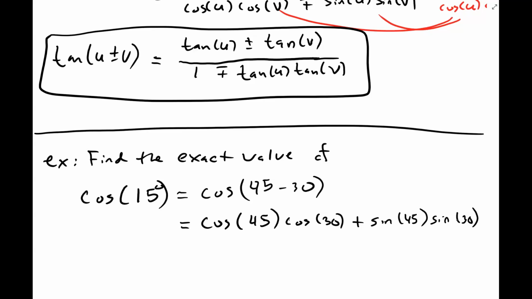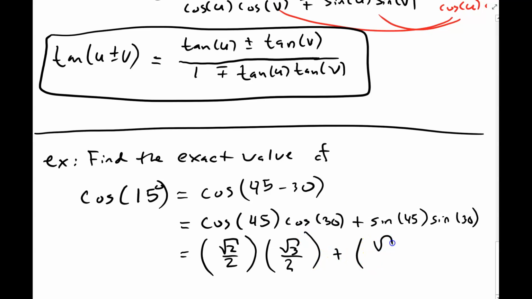Now these are all in terms of unit circle angles, so I can just evaluate each one with my unit circle. The cosine of 45 degrees is square root 2 over 2. The cosine of 30 degrees is square root 3 over 2. Sine of 45 is square root 2 over 2. And sine of 30 degrees is 1/2.